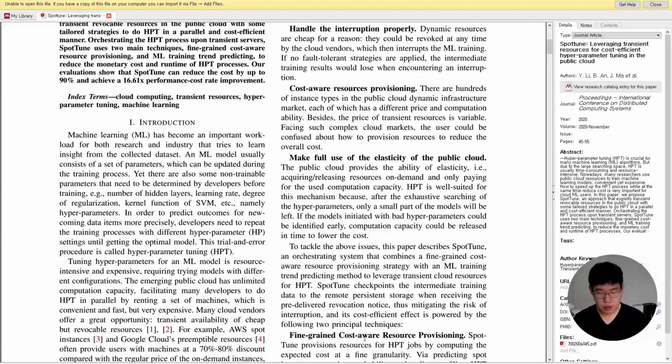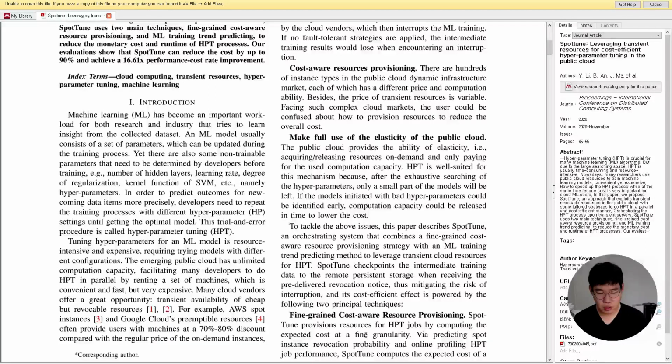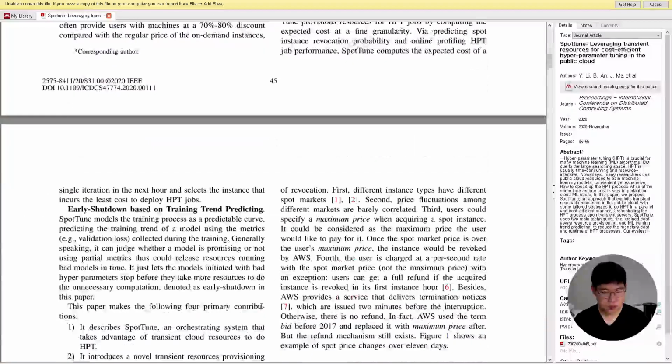SpotTune provisions resources for HPT jobs by computing the expected cost at a fine granularity via predicting spot instance revocation probability and online profiling HPT job performances. SpotTune computes the expected cost of a single iteration in the next hour and selects the instance that incurs the least cost to deploy the HPT jobs.